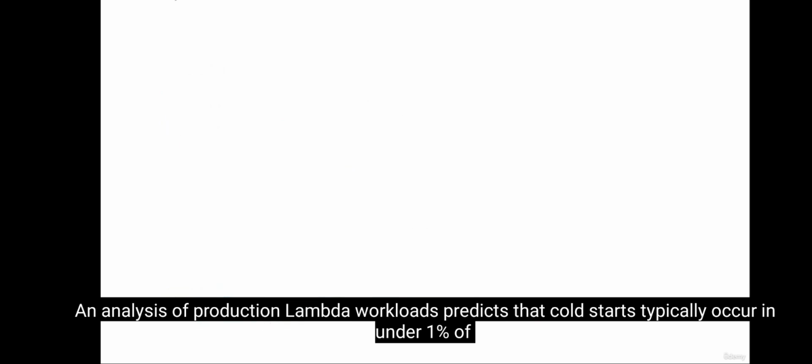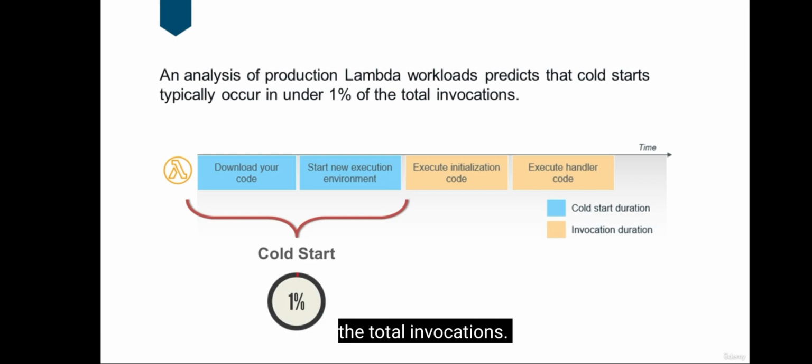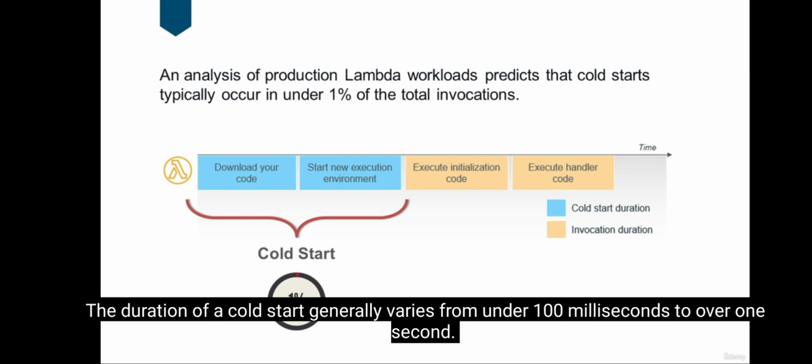An analysis of production Lambda workloads predicts that cold starts typically occur in under 1% of the total invocations. The duration of a cold start generally varies from under 100 milliseconds to over 1 second.